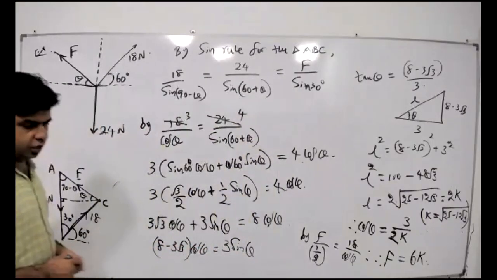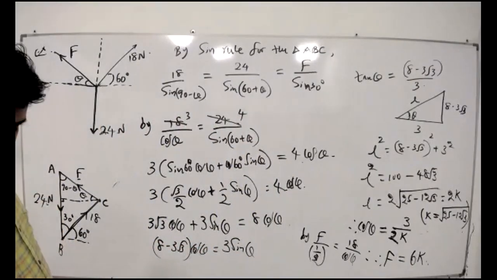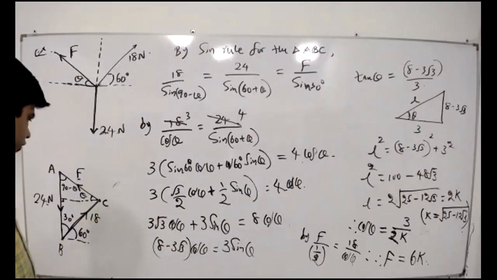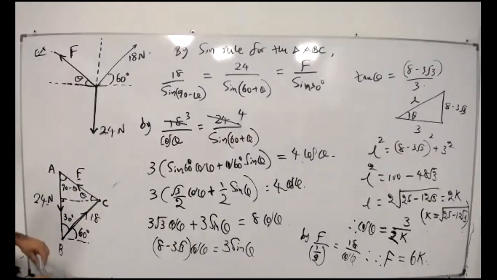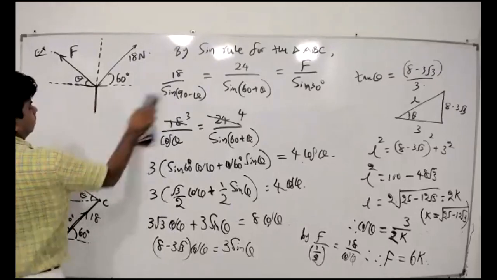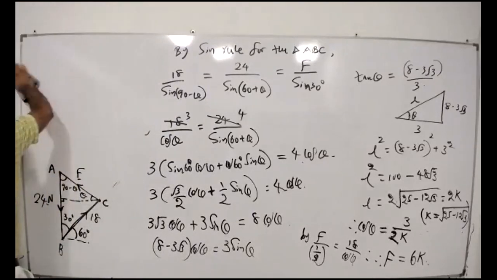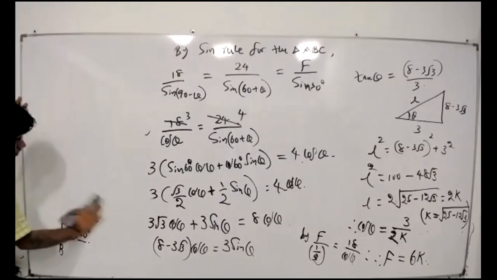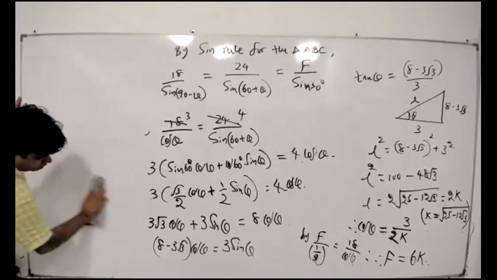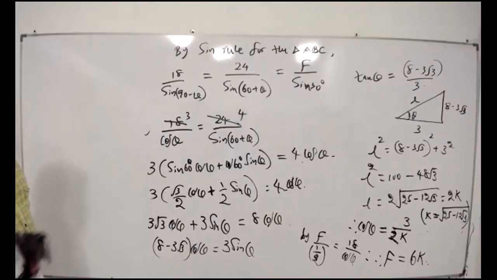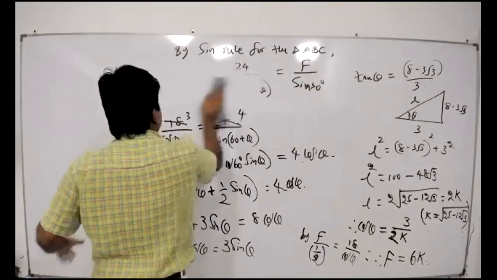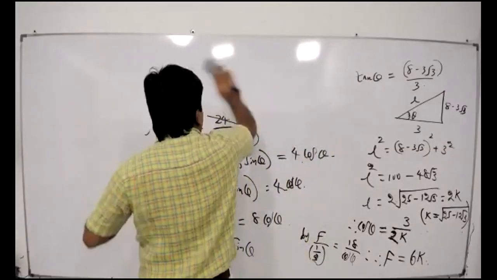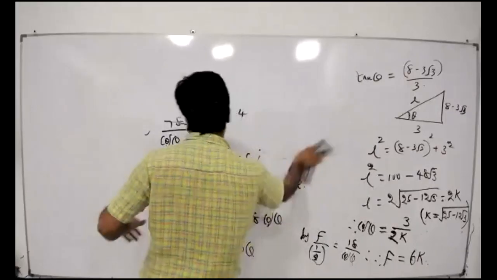F is 6k. That's how we get the forces, right? All right. Now see whether you can manage this one or not. If so, that's great.